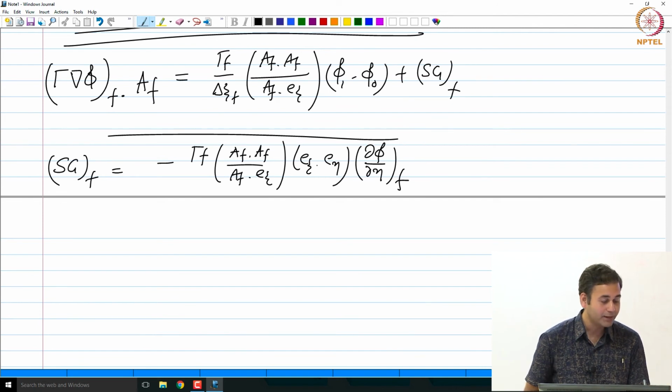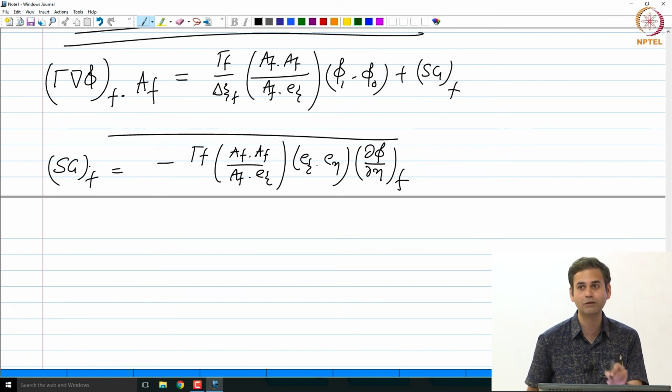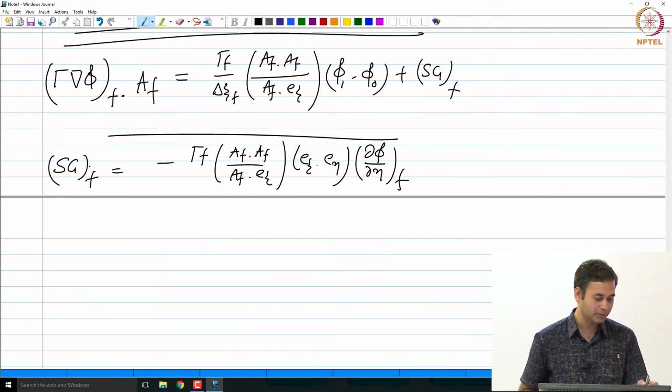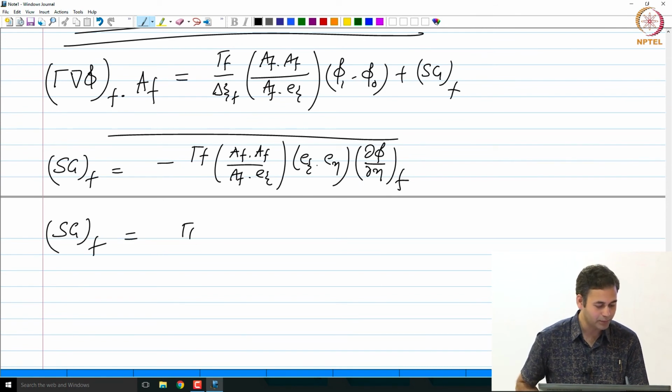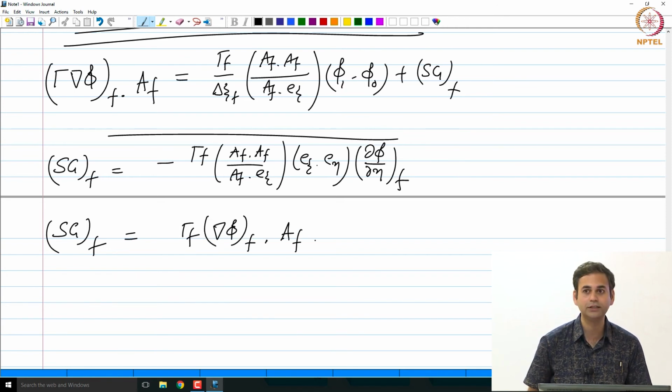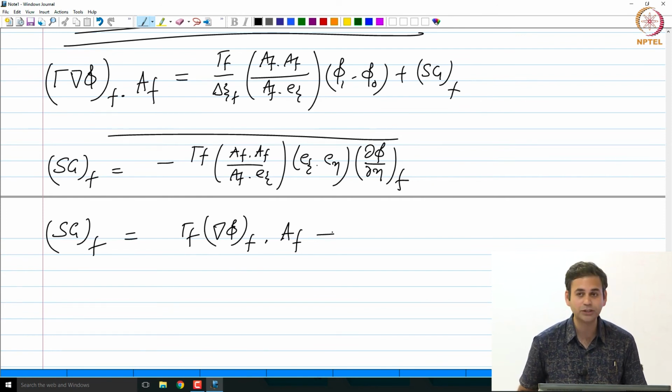So, essentially calculate the secondary gradient as the total minus the primary gradient, because the primary gradient is always uniquely defined, right. The C0 and C1 are always uniquely defined, xi is always uniquely defined. So, I can definitely calculate that for any cells that are given. So, this secondary gradient of f can be written as gamma f grad phi f dot a f, that is the total value I have, minus I would subtract off the primary gradient.